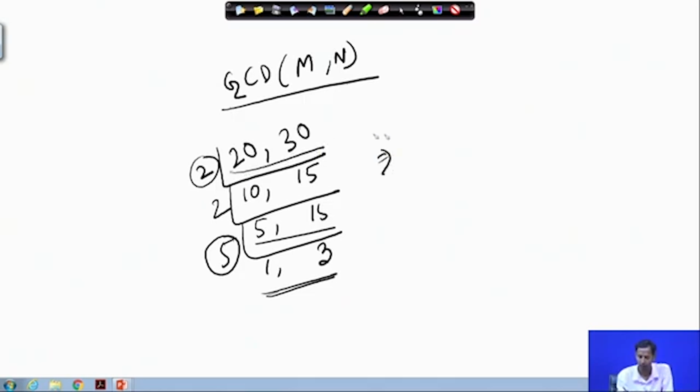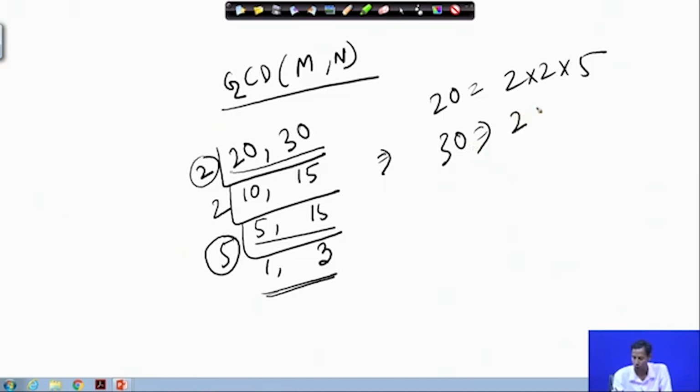Or else I can write 20 equals 2 into 2 into 5, that is 4 into 5, and 30 as 2 into 3 into 5. Then what are the common factors among these two numbers? They are 2 and 5.